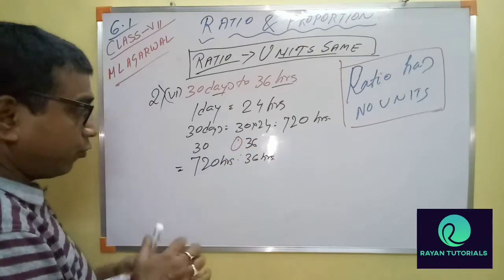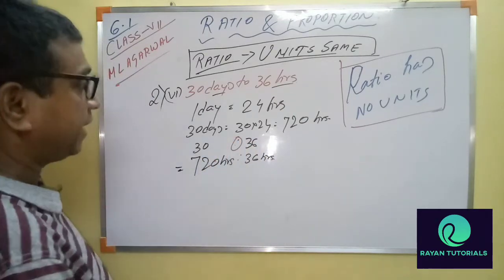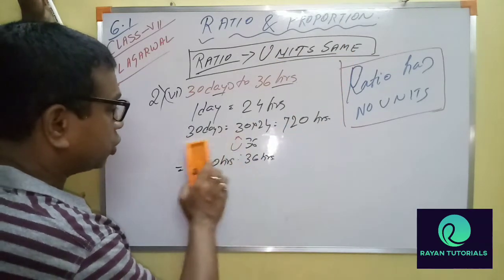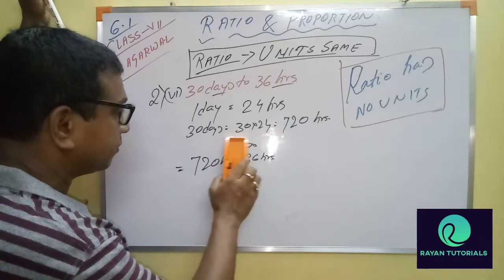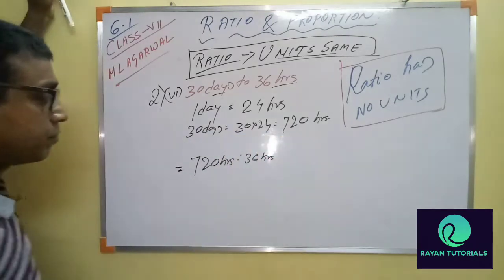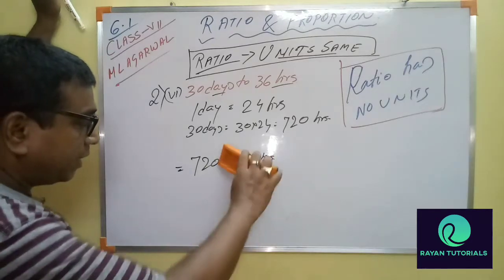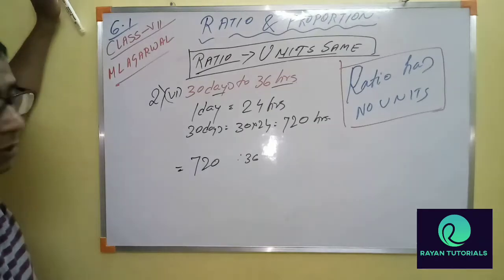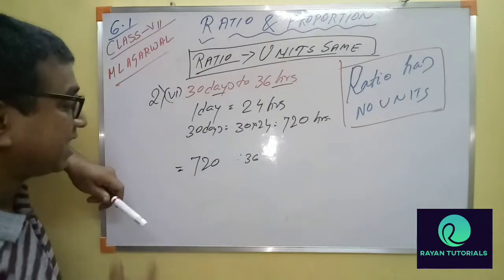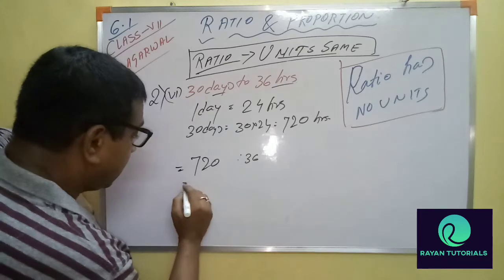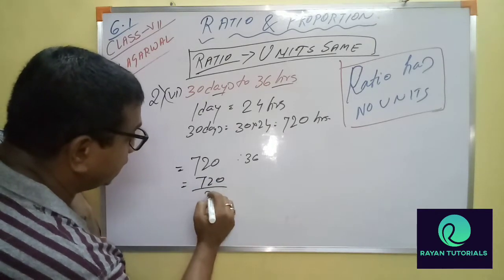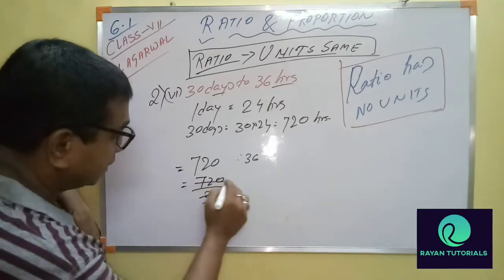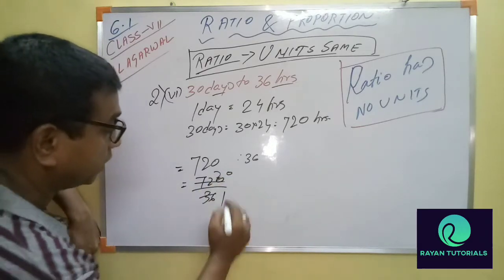Clear? And when I am putting this sign, the units should be same. But here the units are not same. So I cannot write this line. Is that clear? So I need to write here, but not the units. Now it's okay. 720 by 36. 36 ones are 36. 36 20s are 720.